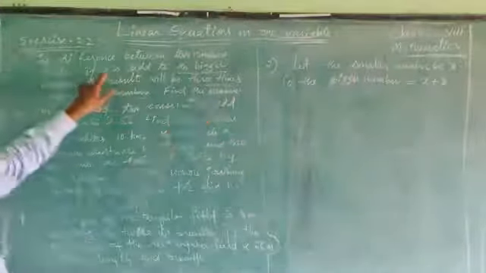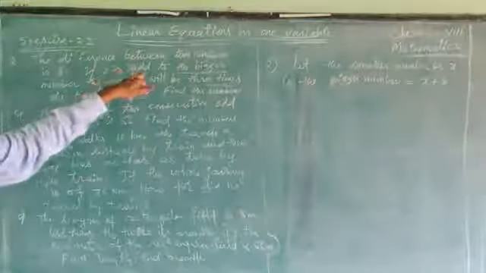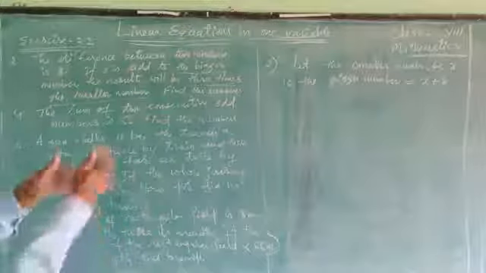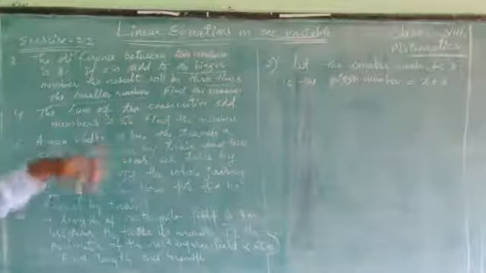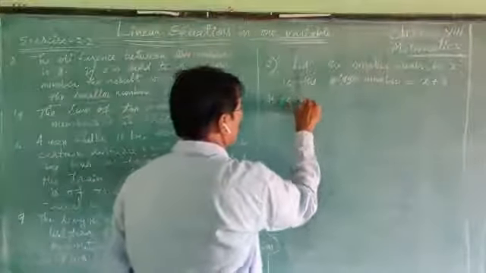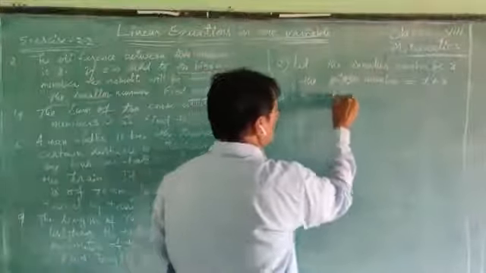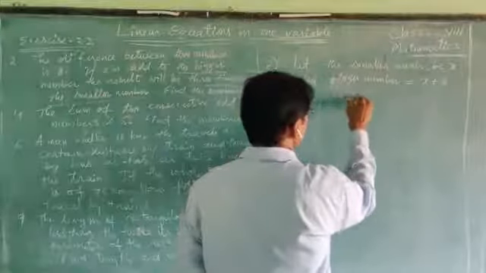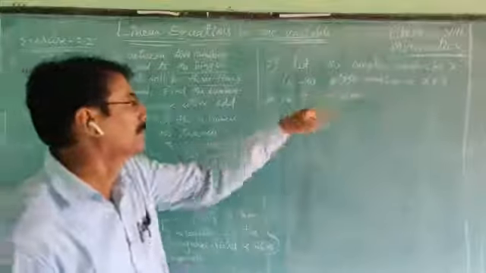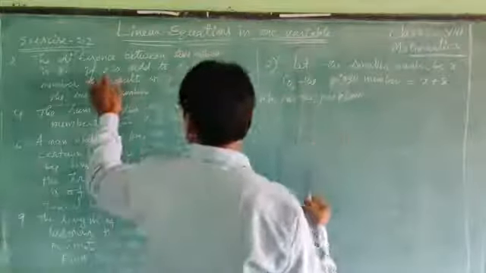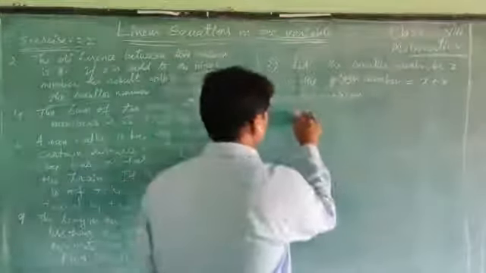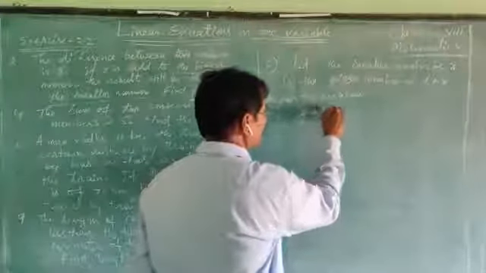Now come to here. If 2 is added to the bigger number, then the result will be 3 times the smaller number, as per the problem. If we add 2 to which number? The bigger number. What is the bigger number? x plus 8 is the bigger number.